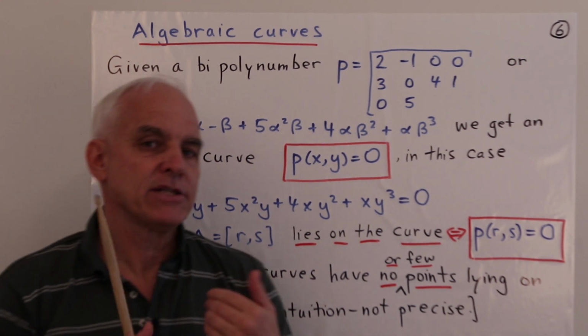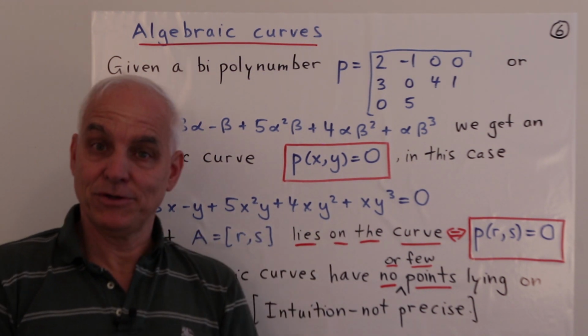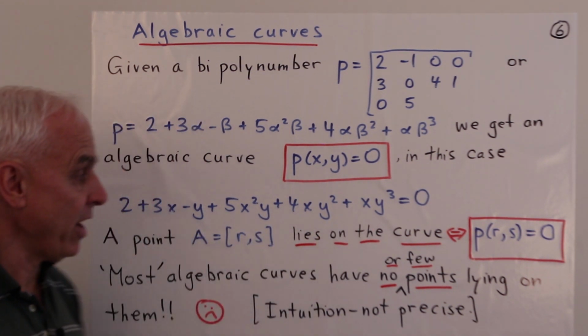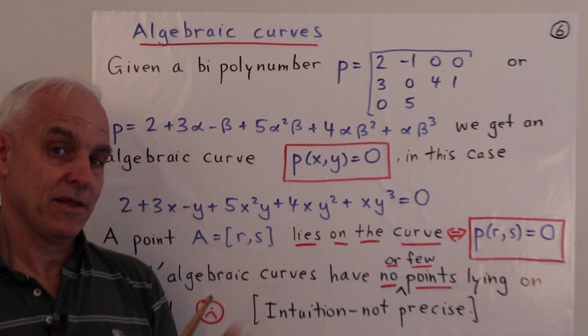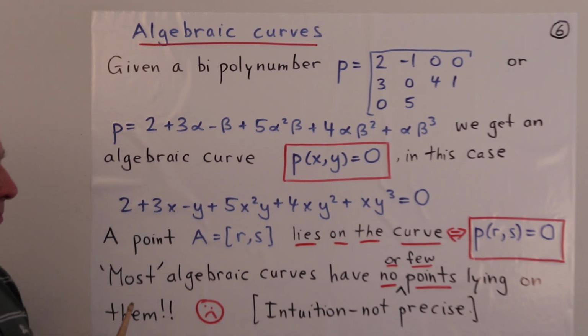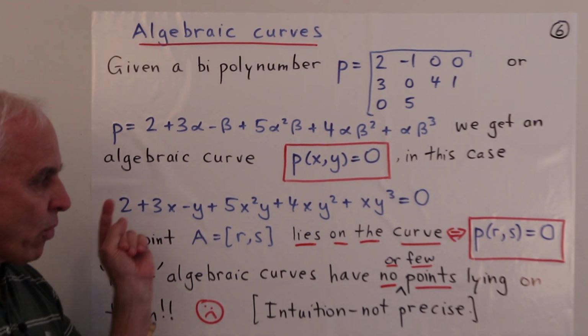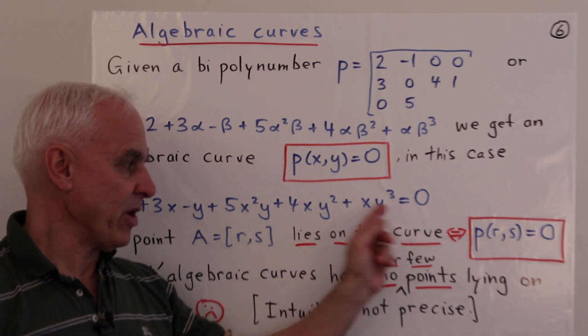But if you ask your computer to graph this thing, it will be able to do so. For example, this algebraic curve looks as follows. So we see something, but what are we seeing? We're actually not seeing points for which this expression is 0.